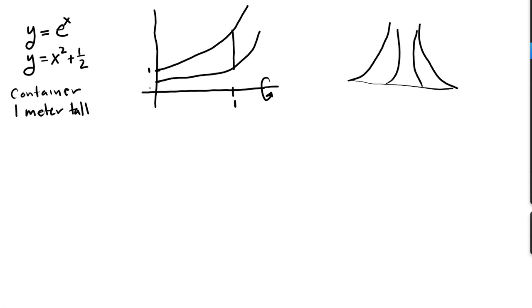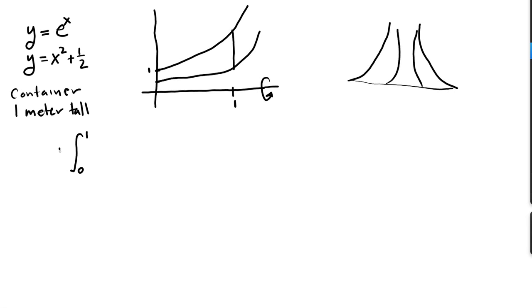To find the volume of the walls, we're doing the antiderivative from 0 to 1. And then the curve on top is e to the x.